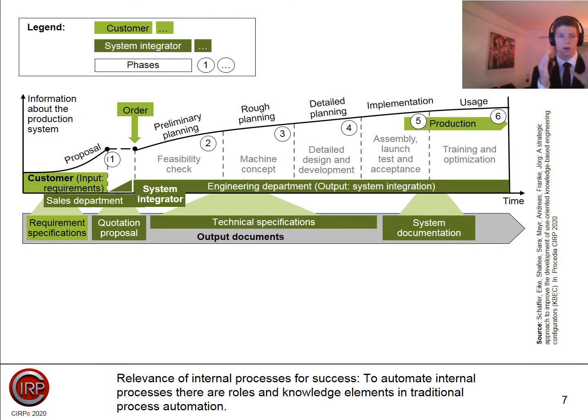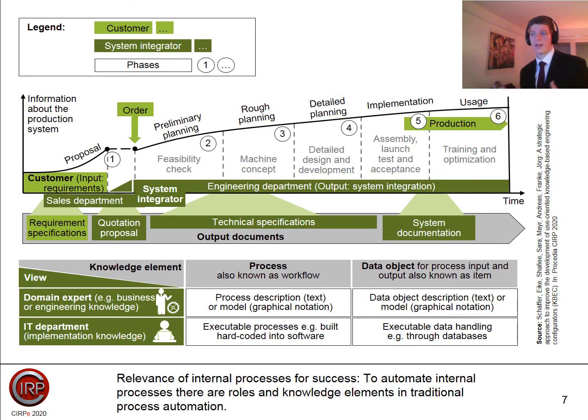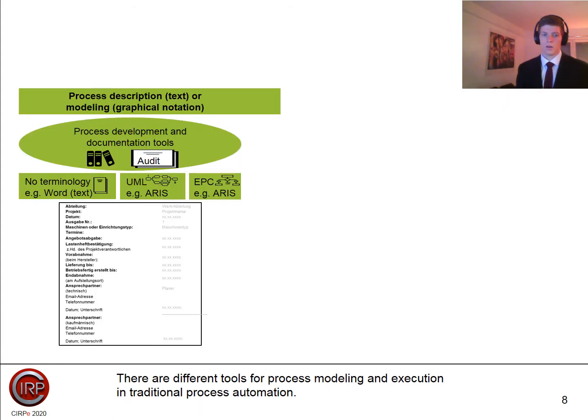If you want to automate these phases, there are different roles who are involved. On the one hand side, the domain expert is involved, who knows the processes, who develops the processes. On the other hand side, there is the IT department who hard codes it and makes it executable. Generally, there are two aims within processes. One is for documentation and development of processes.